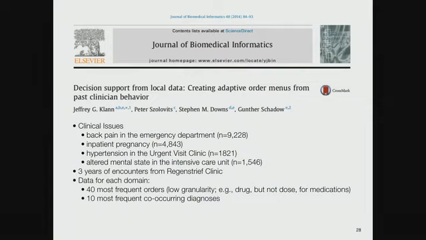Okay. Here's a similar idea that I was involved in. Jeff Klan did his PhD at Regenstrief, which is a very well-known, very early adopter of computerized information systems in Indiana.